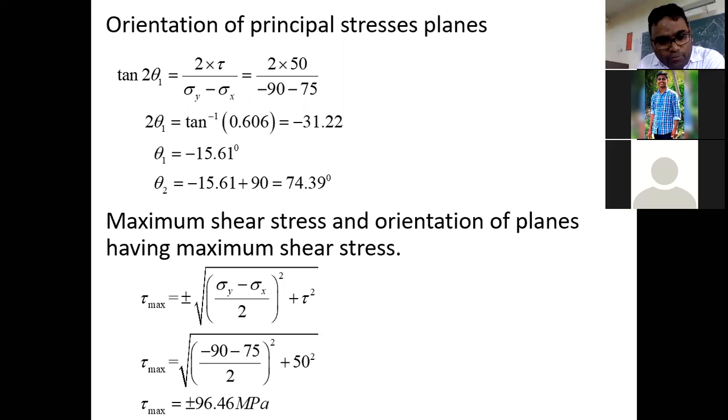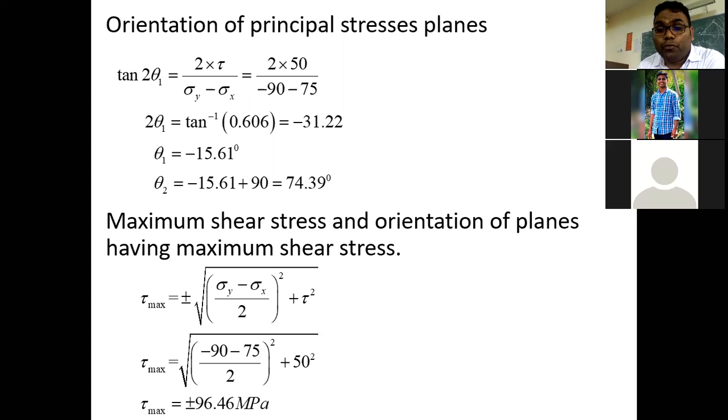So the formula for the maximum shear stress, you just write down plus minus under root of sigma y minus sigma x by 2 whole square plus tau square, and put all respective values, और हमको यहाँ से मिला, so that is plus minus 96.46 megapascal, plus minus, because tau always acts in two signs together, one is plus, another is minus, so here plus minus 96.46 megapascal.